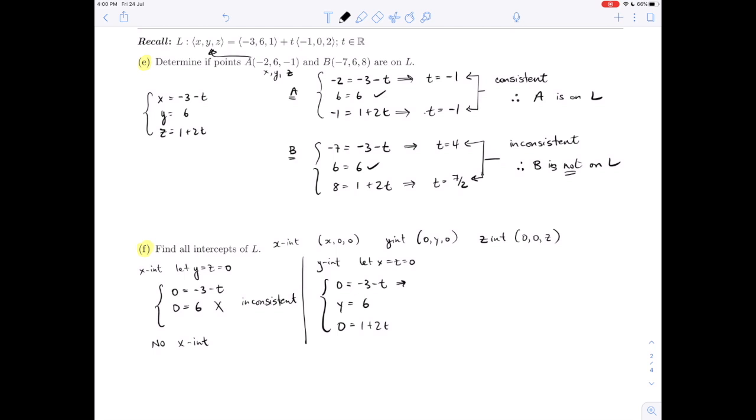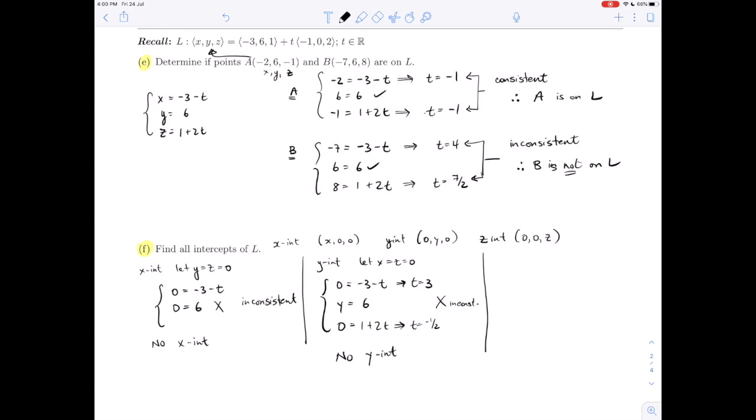Let's just see what happens. Here we will get t is equal to 3. Here we will get t is equal to minus 1/2. That is not possible. Again, inconsistent. And that tells us that we have no y-intercept.